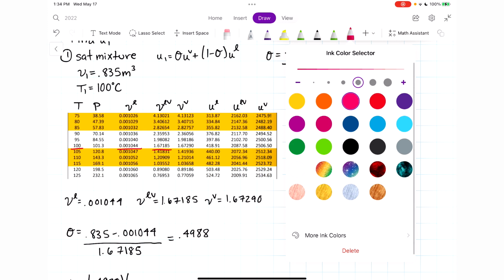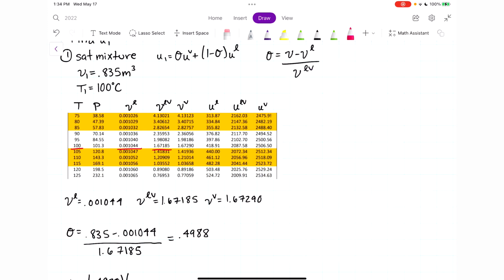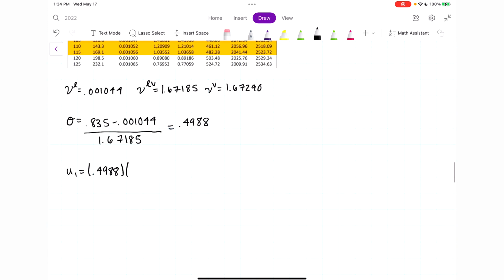Again, we're going to use our tables. So we see that UV is 2,506.50 kilojoules per kilogram, and then our UL, or internal energy of saturated liquid, is 418.91 kilojoules per kilogram.